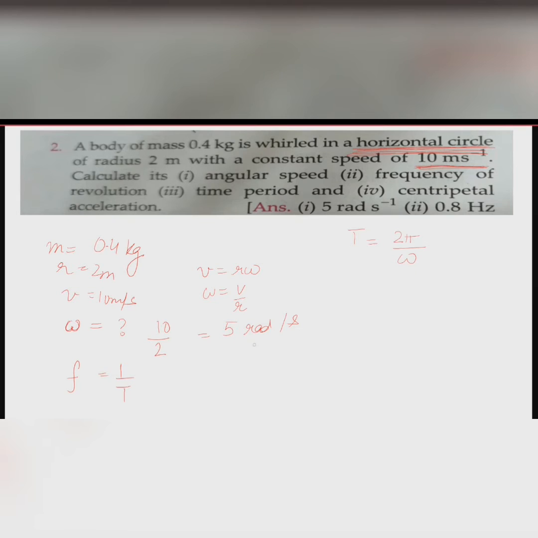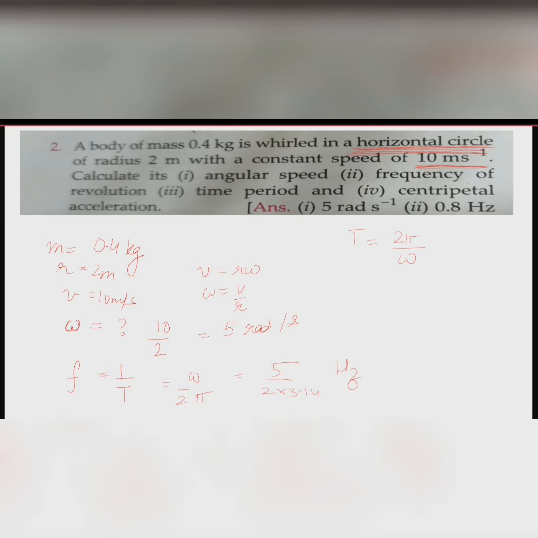Right? So 1 upon time period then becomes omega by 2 pi. So this would be 5 divided by 2 into 3.14. You will get your answer in hertz. This much hertz.